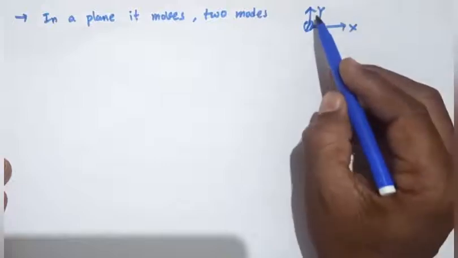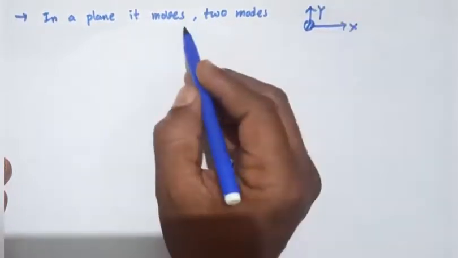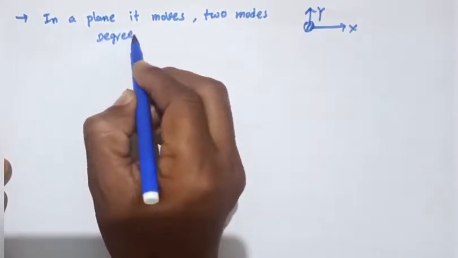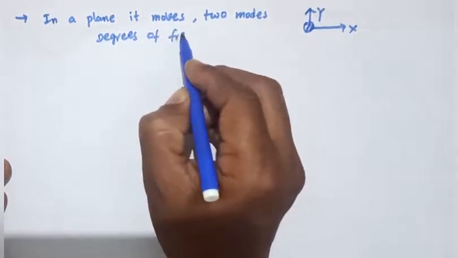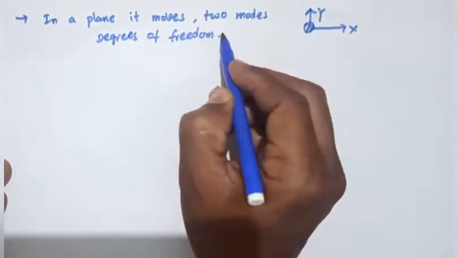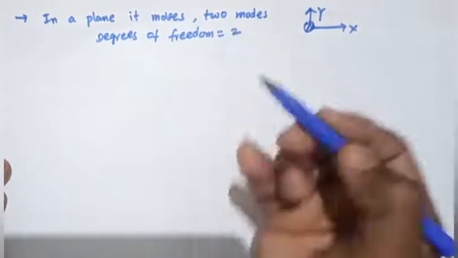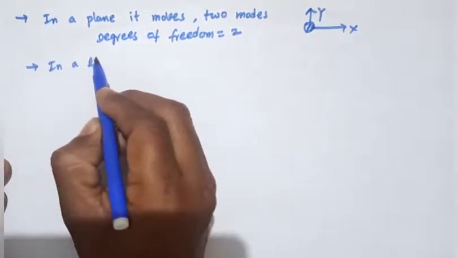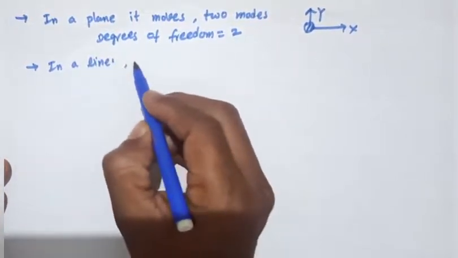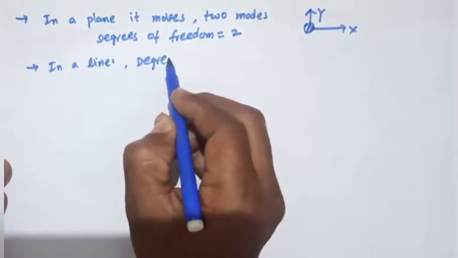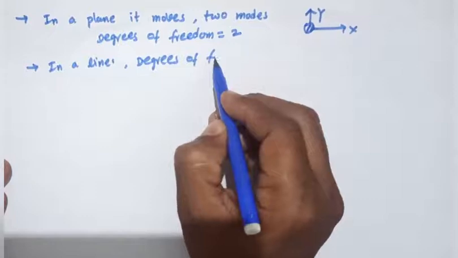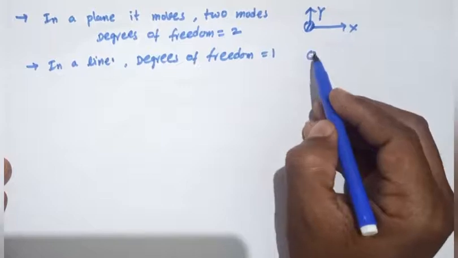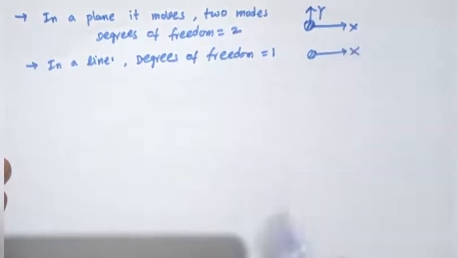So the degrees of freedom in a plane is 2. In a straight line, the degrees of freedom is only 1, since it moves along the x direction only.